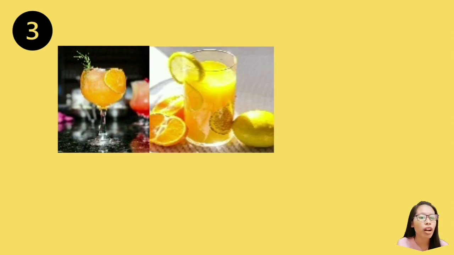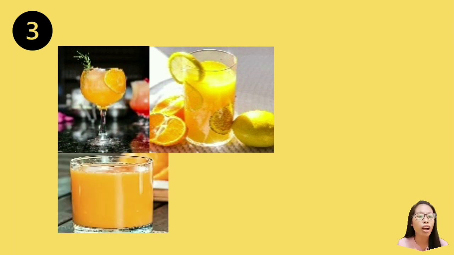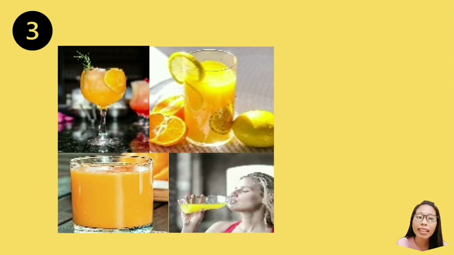Lastly, we have here a picture of an orange flavored drink with orange fruit in a wine glass, a picture of a lemon-flavored drink with lemon fruit in a glass, a picture of an orange-flavored drink in a glass, and a picture of a woman drinking. What word best describes the pictures?